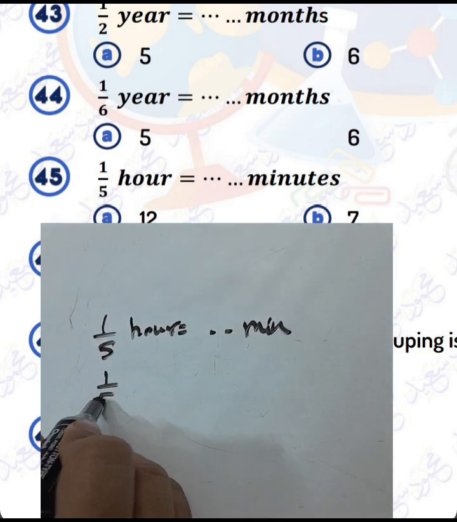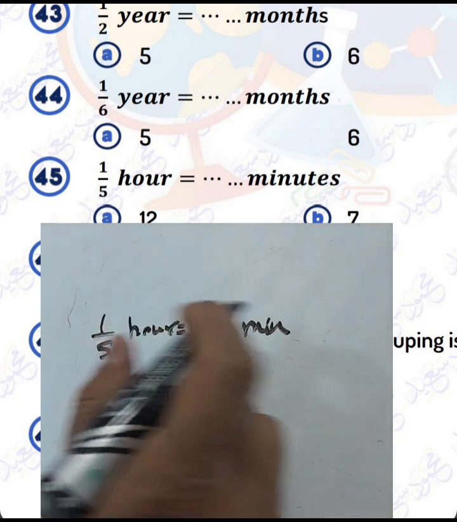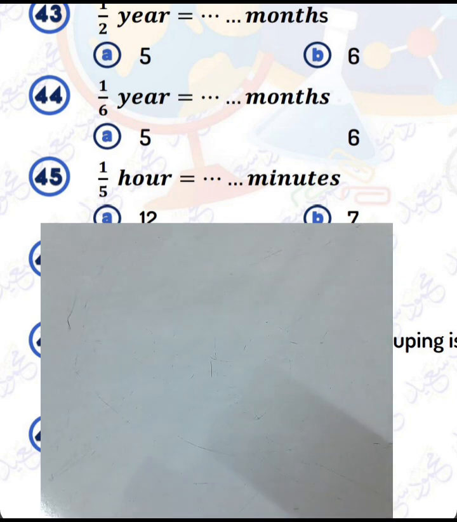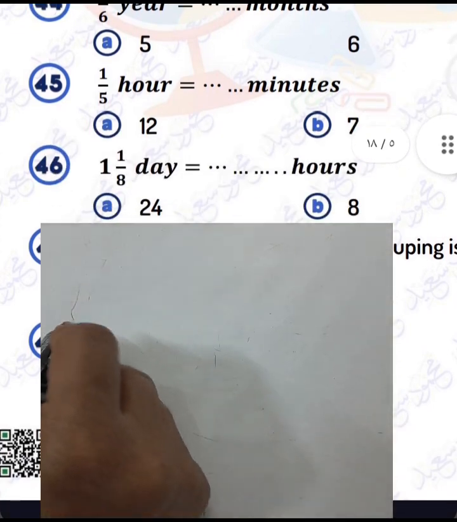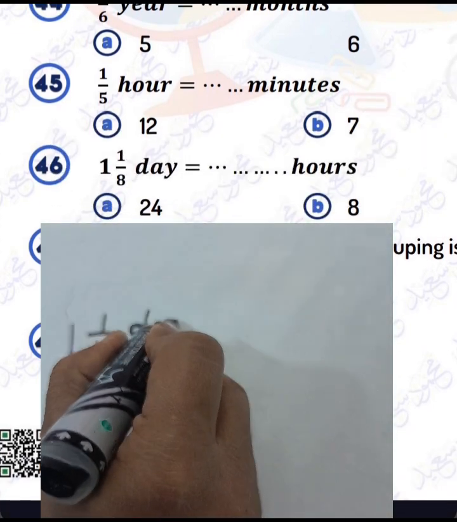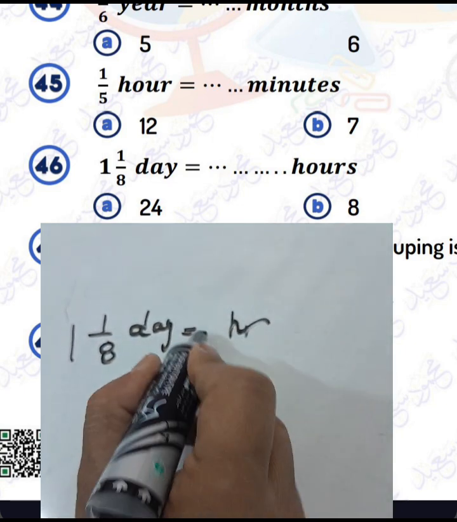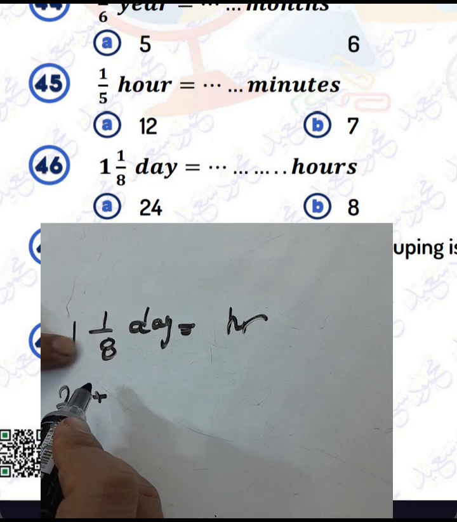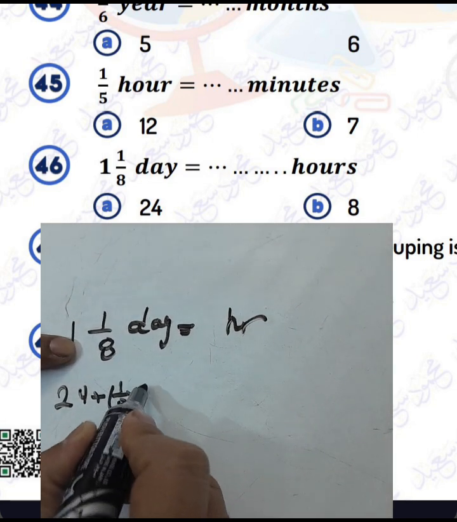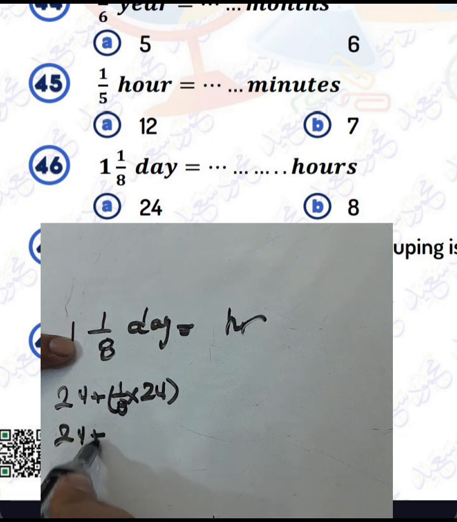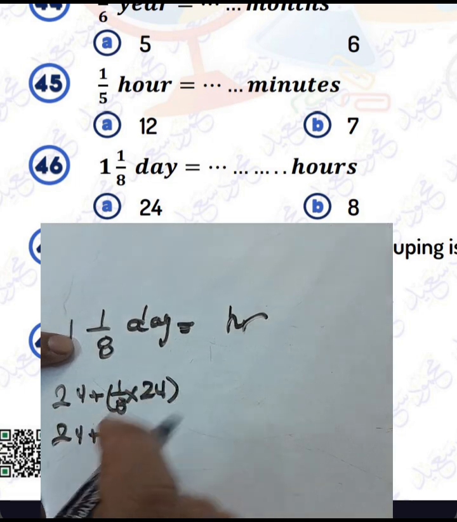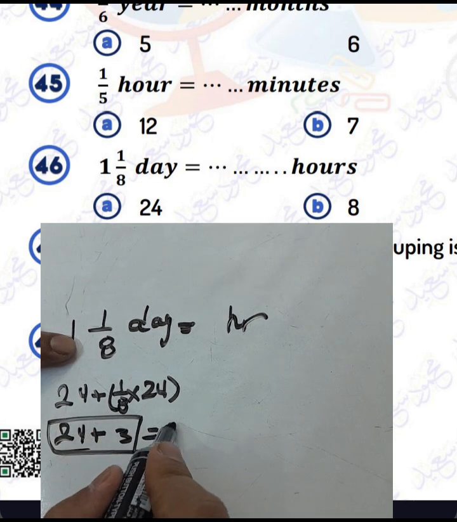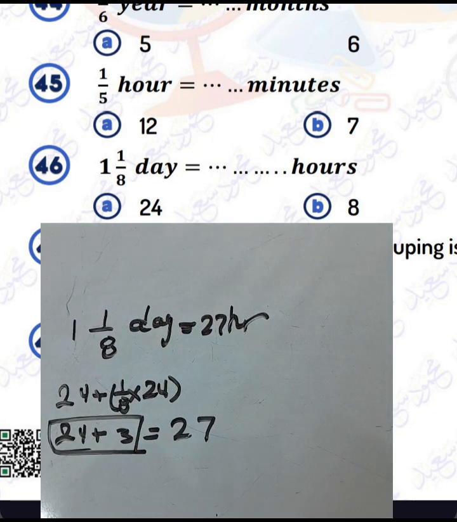We can write 1 over 5 times 60, because 1 hour equals 60 minutes. 60 divided by 5 equals 12, then you can write 12 minutes. 1 and 1/8 day equals how many hours? We know 1 day equals 24 hours. Then you can write 24 for 1 day, and 1/8 of 24 will be 3, because 24 divided by 8 equals 3. 24 plus 3 will be 27. Then the result will be 27 hours.